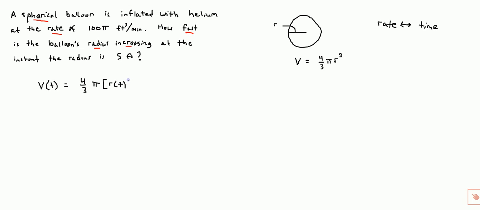So V of t is 4/3 pi r of t cubed, right? And now we want to take the derivative of both sides with respect to time. So d dt of V of t. These are constants, so they stay the same, 4/3 pi. Now we have the chain rule here because we have something cubed and the interior is a function.